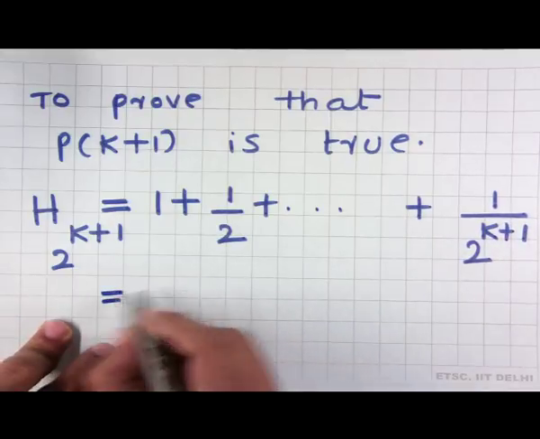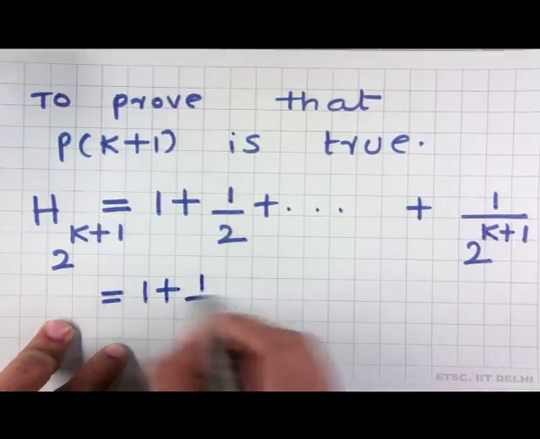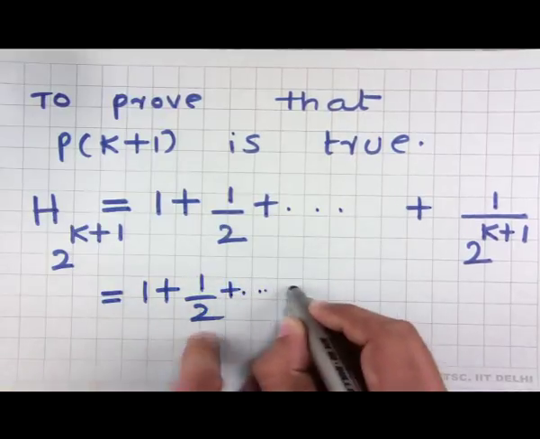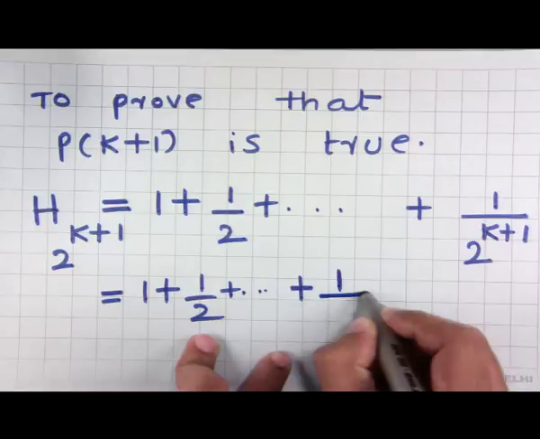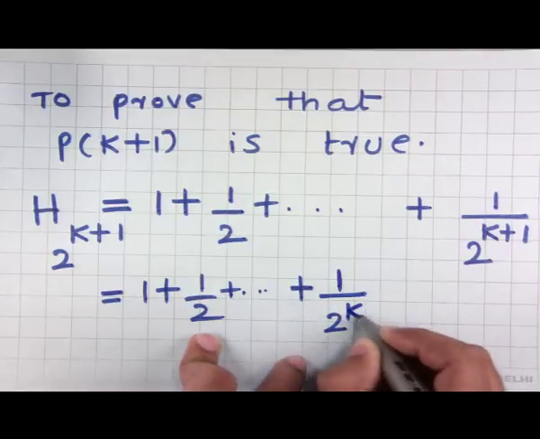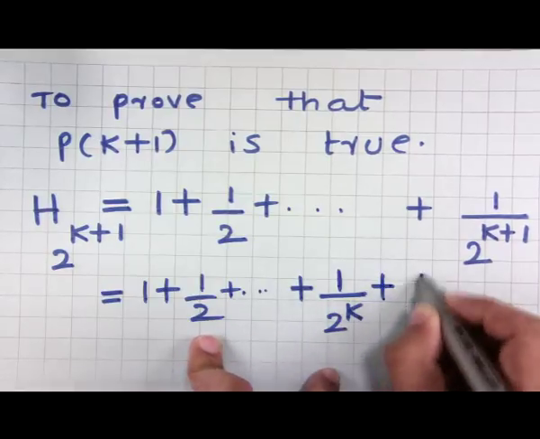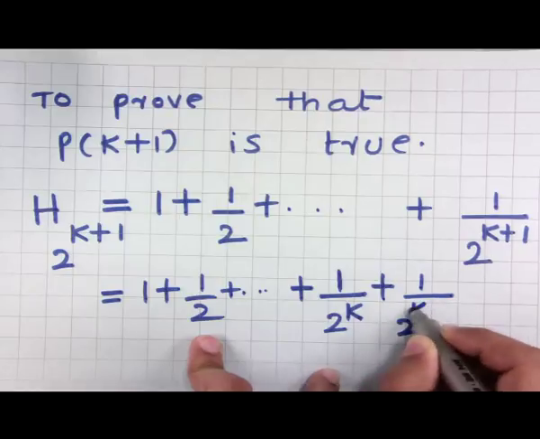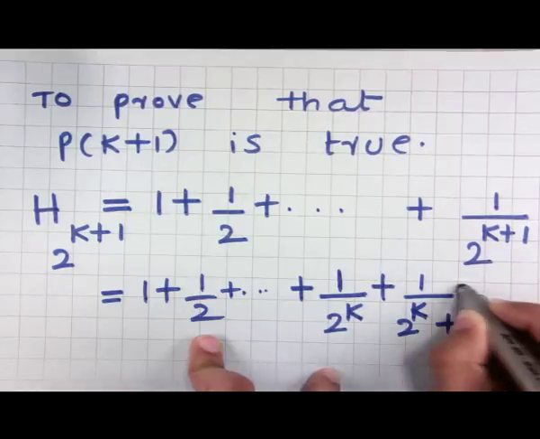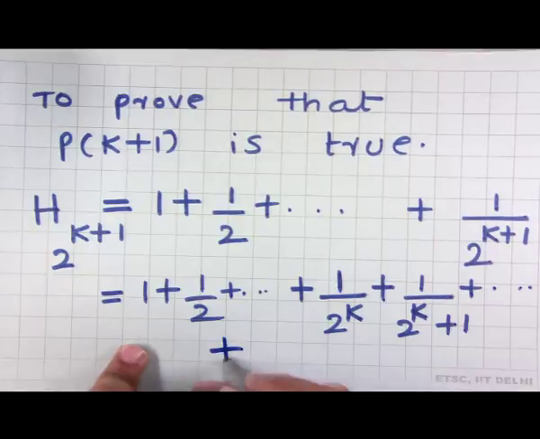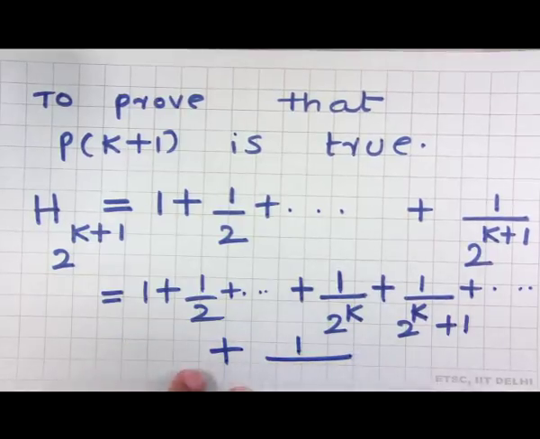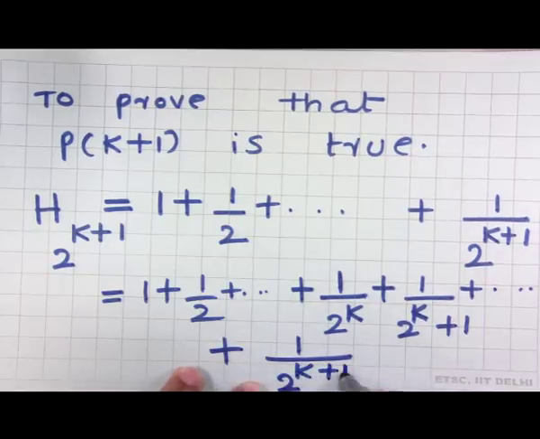Let me write a few more terms, 1 plus 1 by 2 plus etc. An intermediate term will be 1 by 2 power k. Its successor will be 1 by 2 power k plus 1, and so on. The last term is actually 1 by 2 power k plus 2 power k, that is 2 power k plus 1.